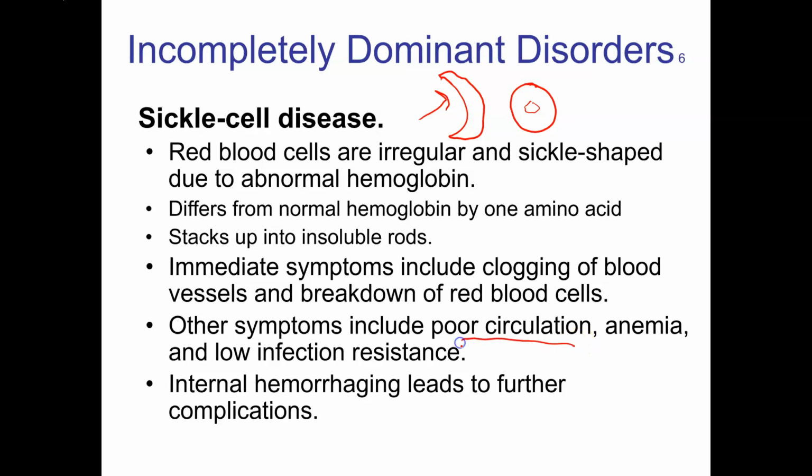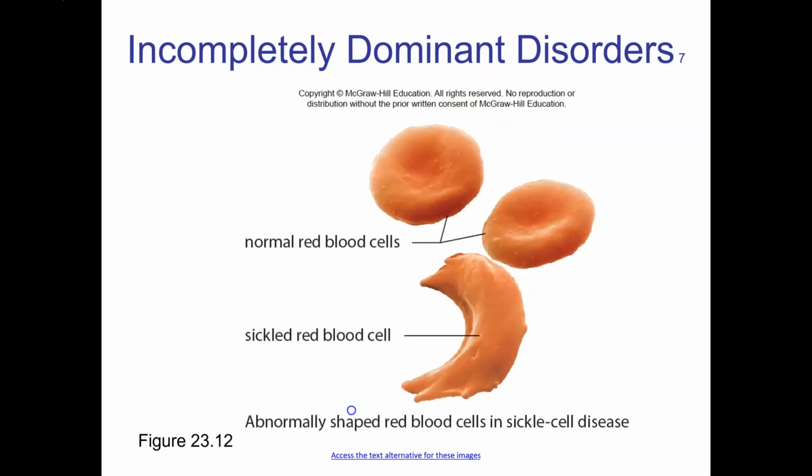So they cause poor circulation. They don't carry oxygen like they're supposed to, and you're more prone to infections. And like I said, internal bleeding. So it's very dangerous. So this is what the sickle shaped cells look like versus normal blood cells. Like I said, there's that indentation in our normal blood right here, but sickle shaped cells look very different.